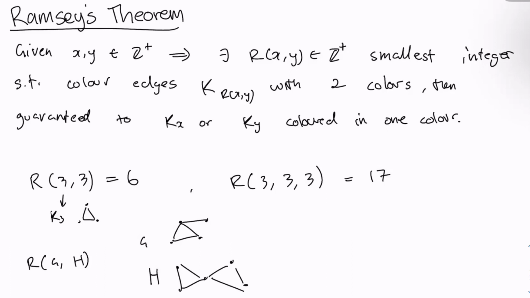In this case, we're talking about how big your complete graph has to be in order to have certain subgraphs inside it if you try and color it using different colors.